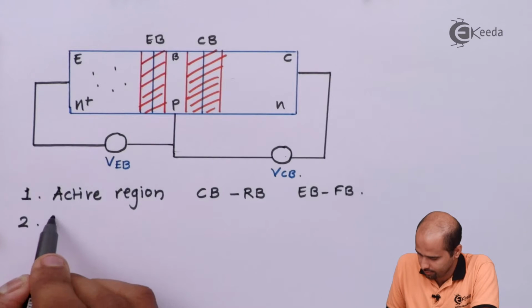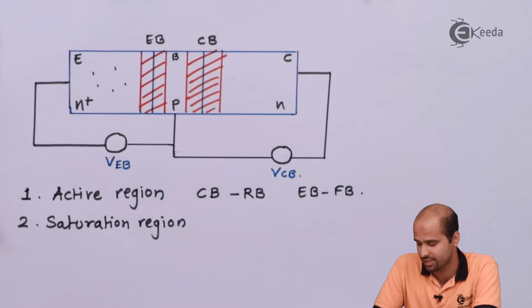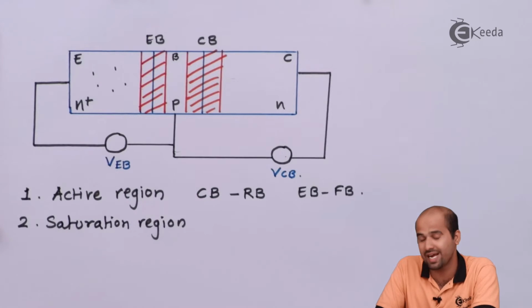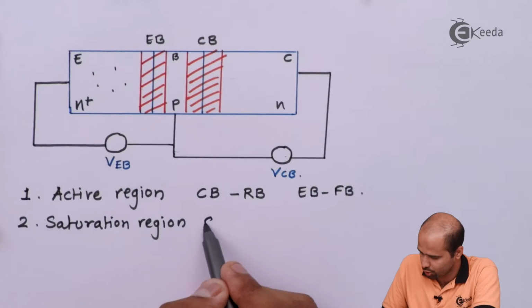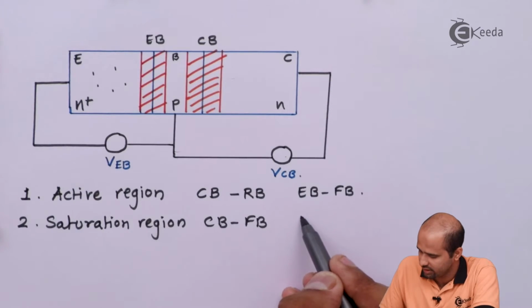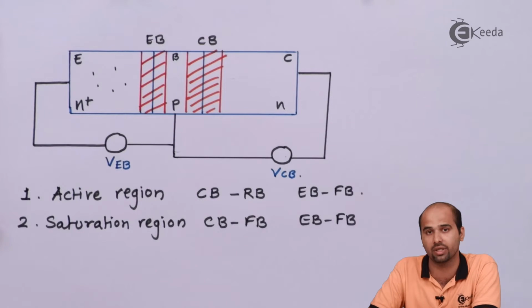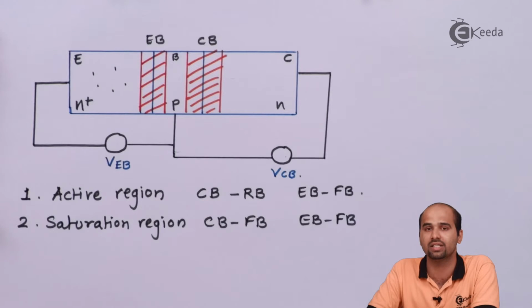When I say that the CB junction and EB junction both are in forward bias condition, so when the CB junction is also forward biased and the EB junction is also forward biased, then in that particular case I will be getting the value of the current which is in the saturation region.